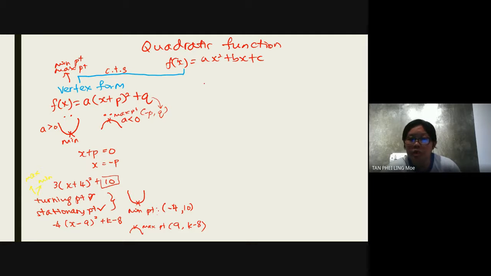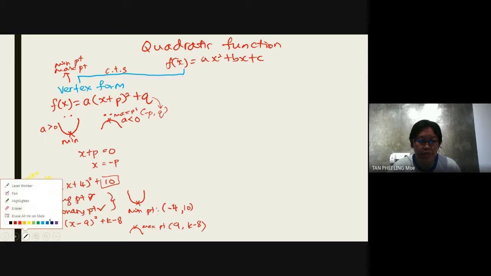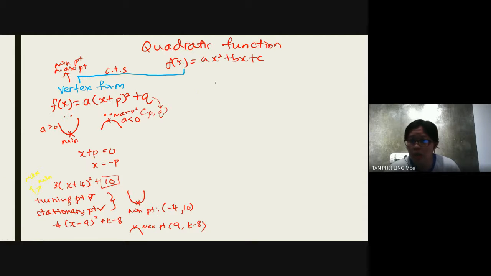So let's talk about completing the square. To change this to here, you will have to do completing the square.